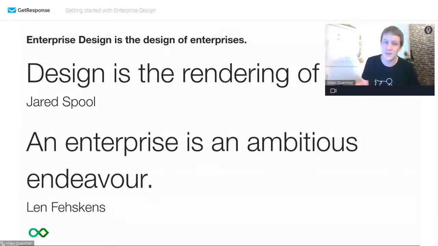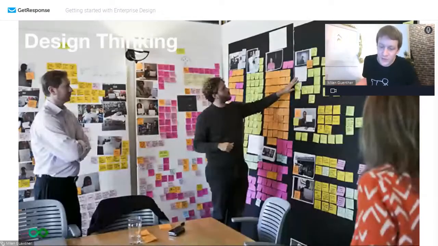If it's not visible, if it's not there, tangible in some way, in pixels or in rooms or in whatever, it doesn't exist. So it's more than just planning. And if we combine that, we are designing for making this intent behind our ambitious endeavor actually manifest in the world. And of course, this has to do with design thinking, right?